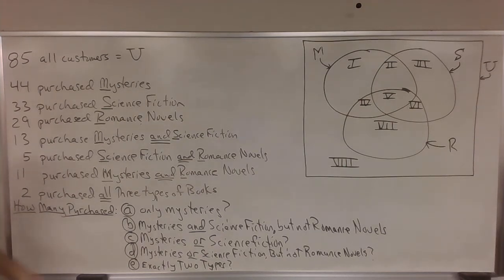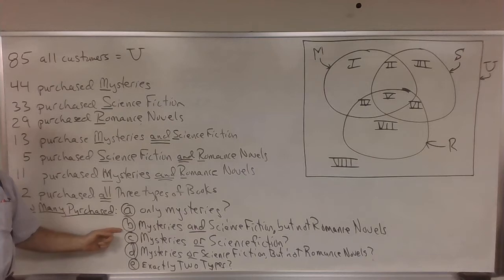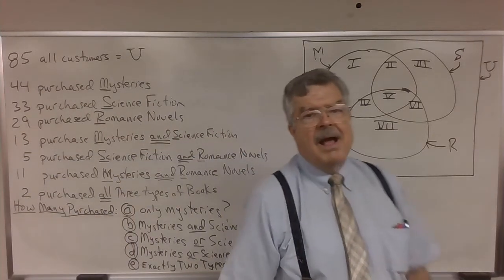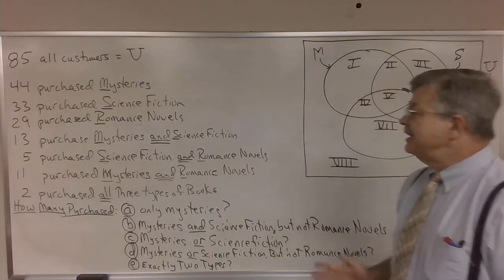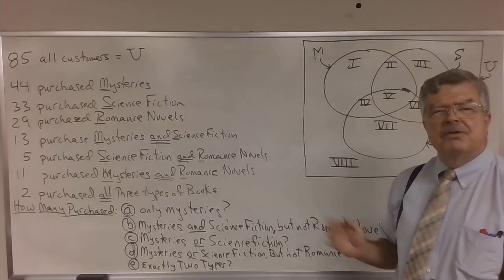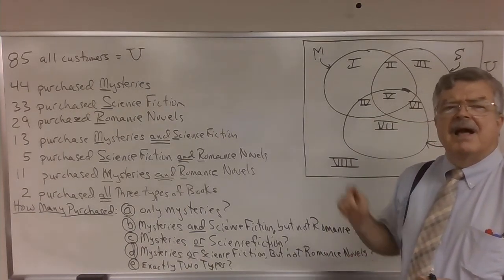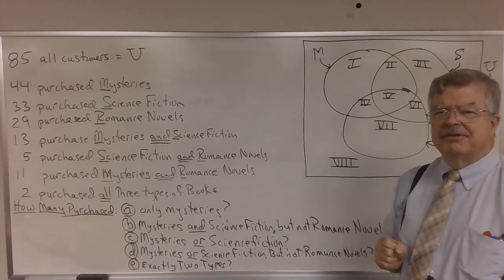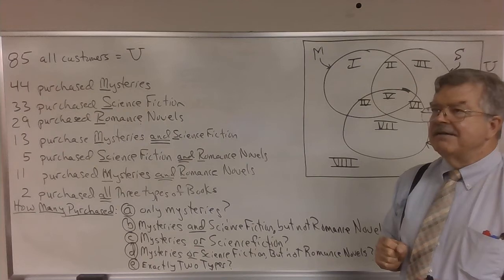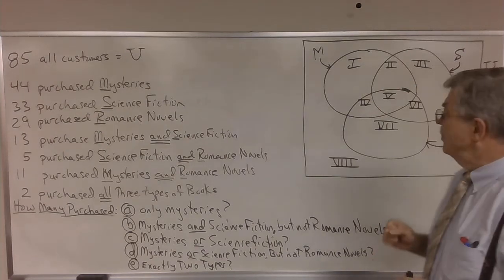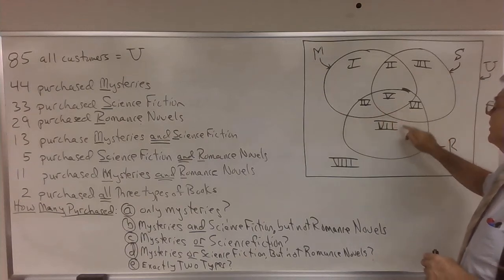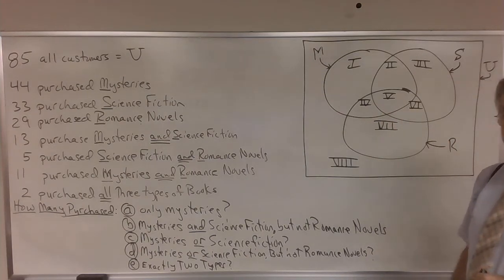Now, instead of just attacking the questions that they ask, I'm going to see if I can make the most of my information. I'm going to look for that one piece of information that will tell me how many people are in one of these disjoint regions.